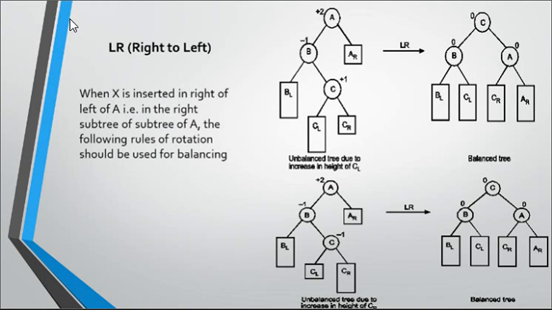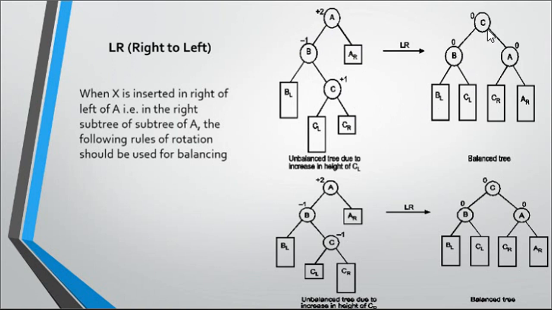Now another rotation is LR rotation. In LR rotation, now this is A, this is B and this is C. Now we have added something to left of C, or if we add something to right of C, then this A is imbalanced. So when such a condition occurs in left of right, that is left of right.